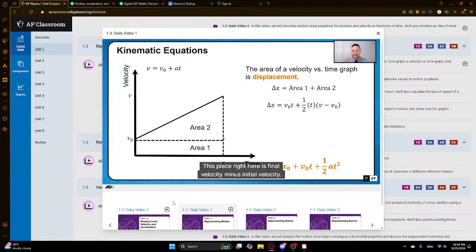Area 2. And since area in a graph is a displacement, you have to add the two areas together.